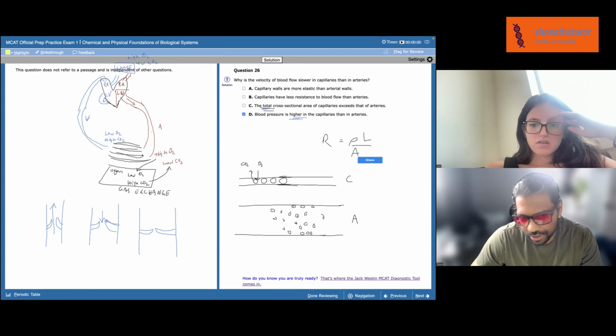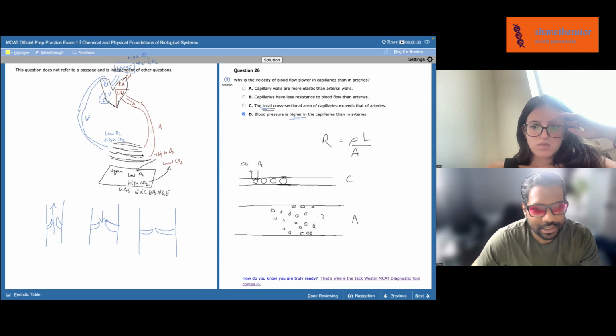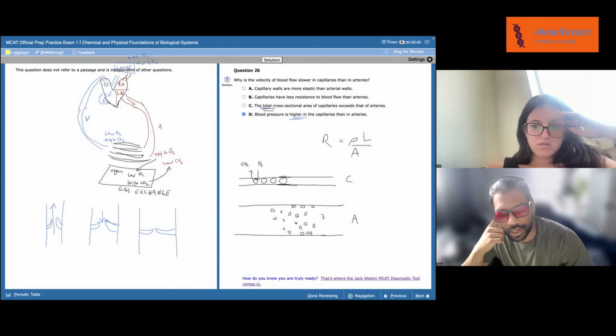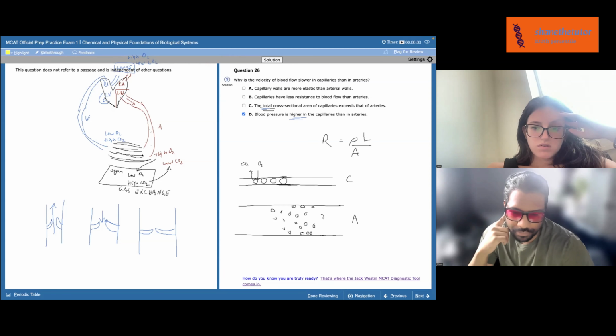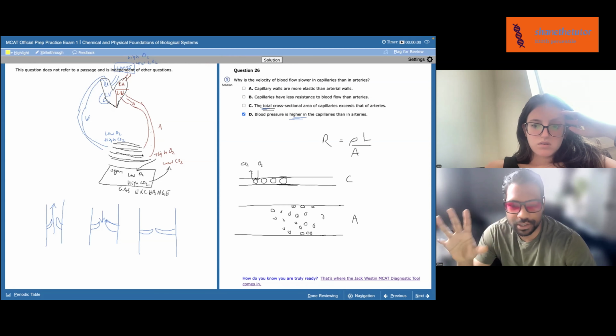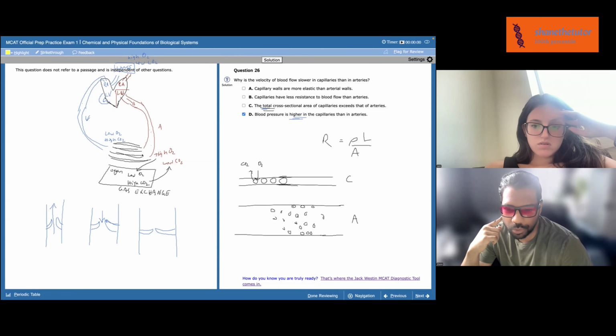It's the same here: if you have a longer blood vessel, it's going to encounter more resistance, whereas a higher area would cause a decrease in resistance.